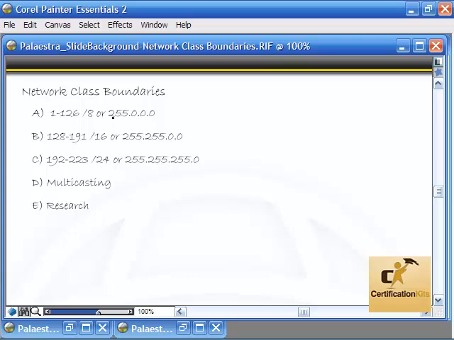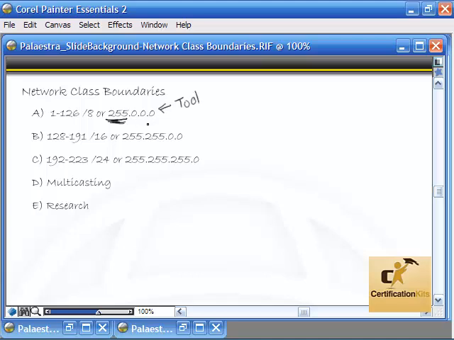255.0.0.0. So what that means is there are a limited number of Class A addresses, since only the first octet is part of the network address. And we know that because of this subnet mask right here. It's very important to understand something, that the subnet mask is a tool.